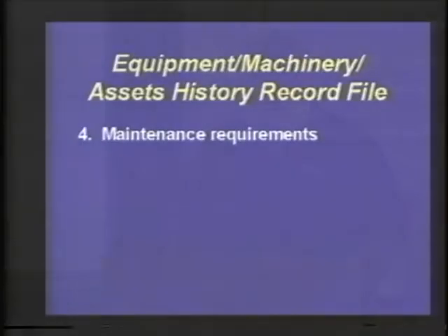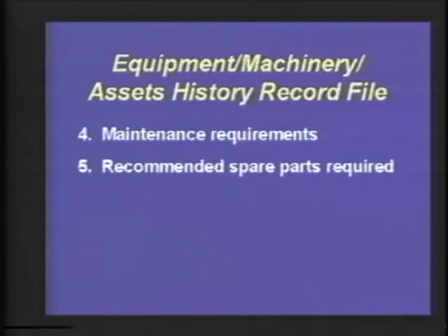Item number 4 pertains to all of the maintenance requirements. And here again, this would pertain to the PM program, the minor, the major overhaul, and any other maintenance requirement to maintain the integrity of that particular asset. 5 is the recommended spare parts list, and that means all spare parts that may be used by maintenance at some point in time.